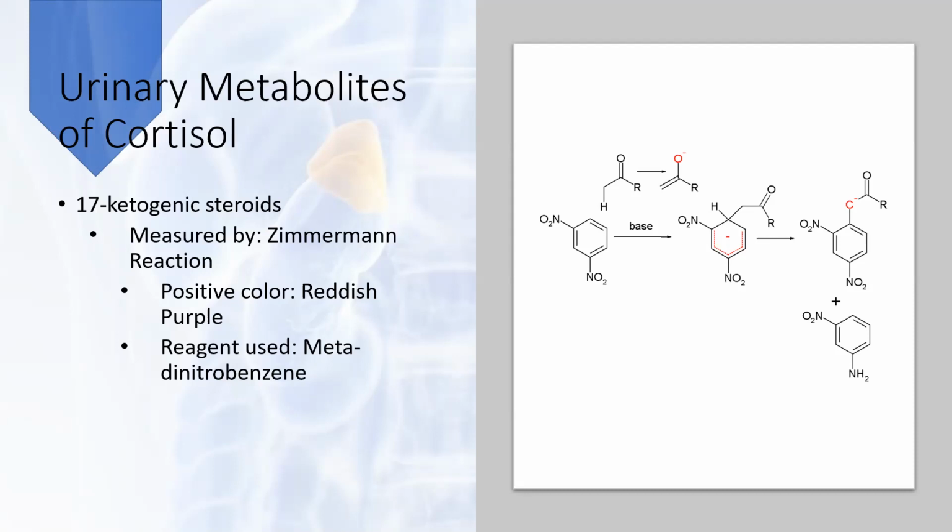Now remember that once these compounds containing either the carbonyl group or the hydroxyl group react with our meta-dinitrobenzene, it will give us a reddish purple color. Okay? So that is with our cortisol.